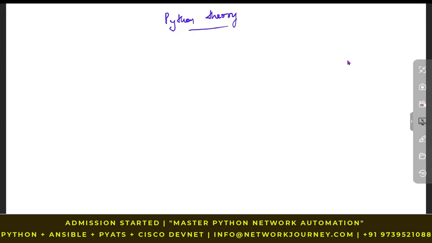Okay. So have you heard about the word variable? What do you understand by variable? Defining the value inside the variable when you are using Python. Which means defining the values by using the variable only.